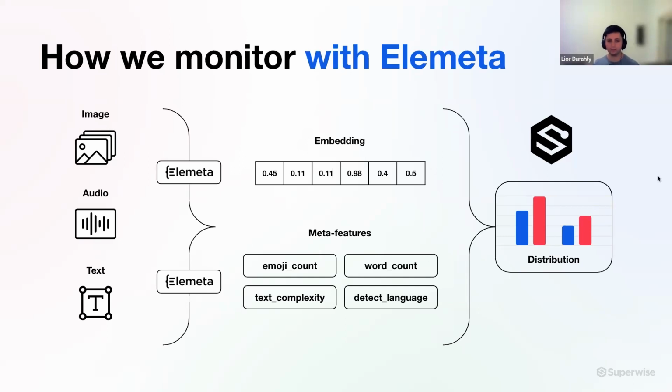In the demo I'm going to show, I will show you how you can do it with supervised. But Elemeta will work with any monitoring system. If you have a local monitoring system or are using any different monitoring system, I'm sure there is no problem to do it there as well.